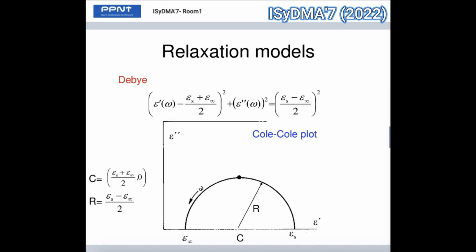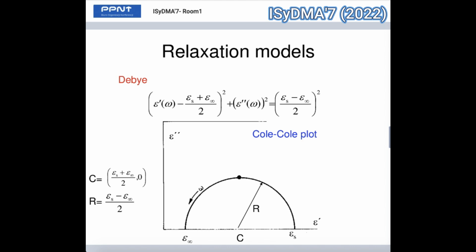That means if I make a graph of epsilon double prime as a function of epsilon prime, I must have exactly a circle, and this is the case. We have exactly here this circle. So this corresponds only to this model, that is the Debye model.